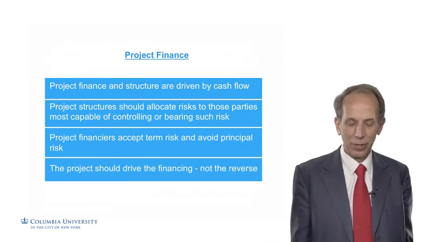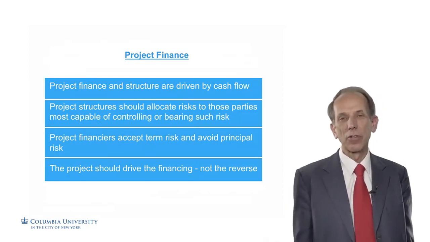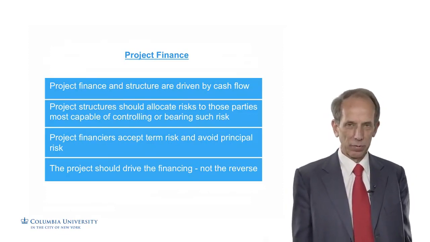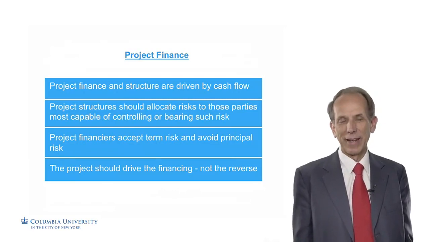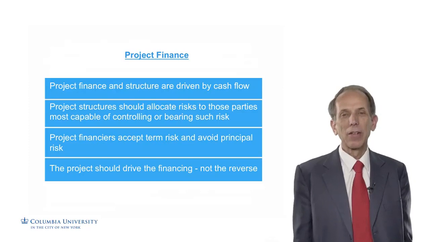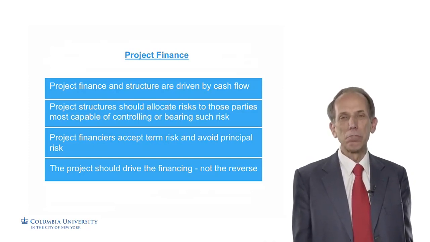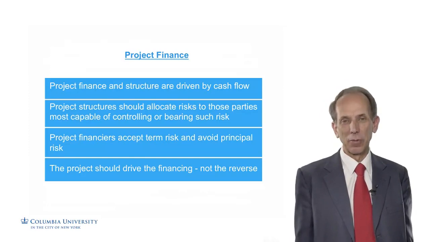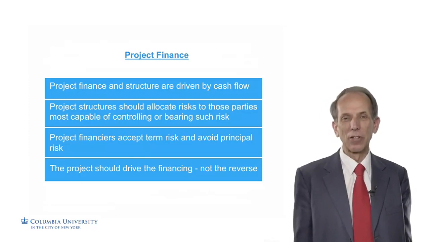Next one is slightly tougher. Project financiers accept term risk and avoid principal risk. What do I mean by that? Term risk is the risk that you will be repaid, but you might not be repaid exactly on the time that you expect to be repaid, or you expect to get a distribution from a project.